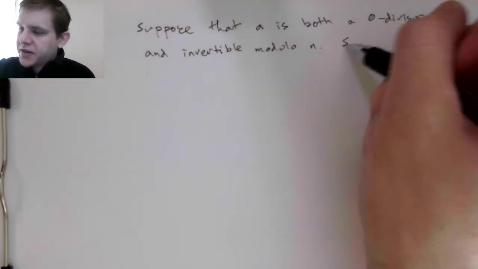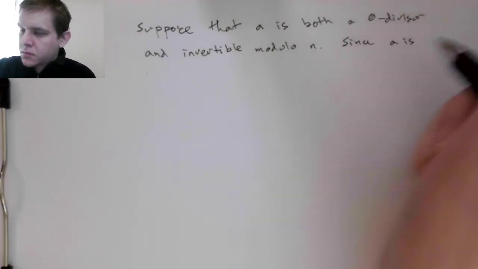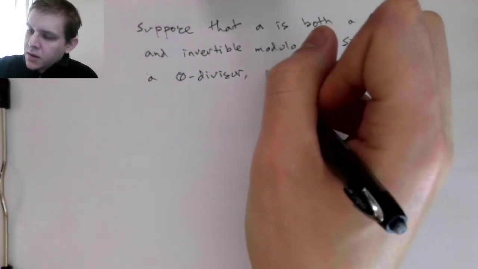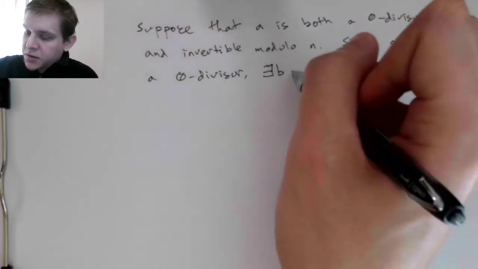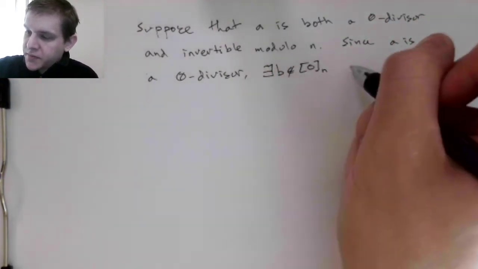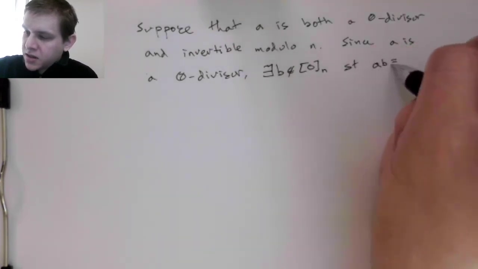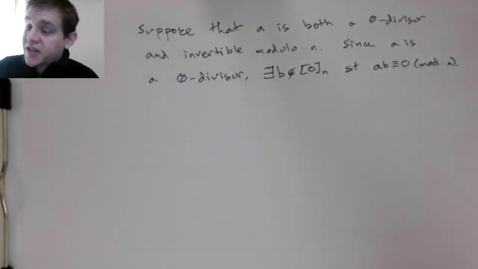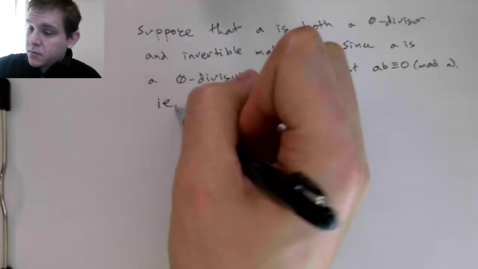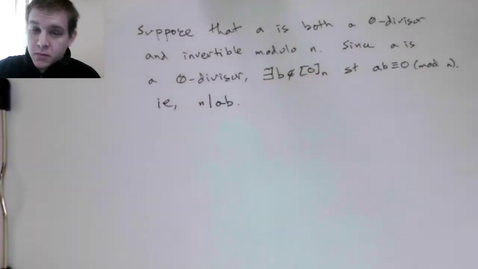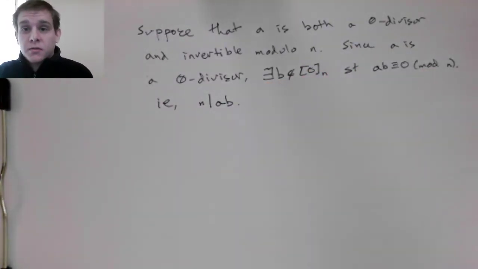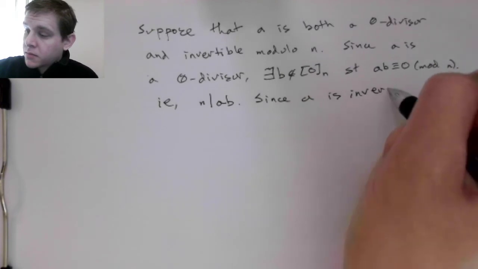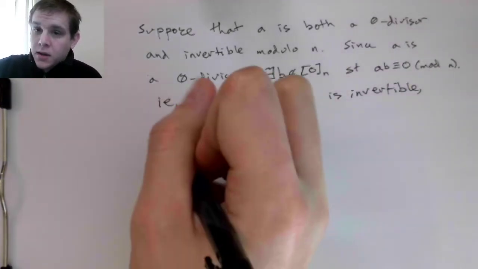So since A is a zero divisor, I can find some B which is not in the zero class mod n, such that A times B is congruent to 0 mod n, which is just to say that n divides A times B. Now, since A is invertible, what does this mean?